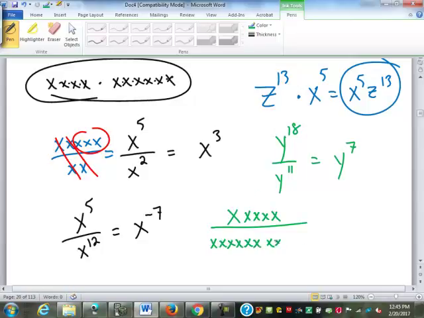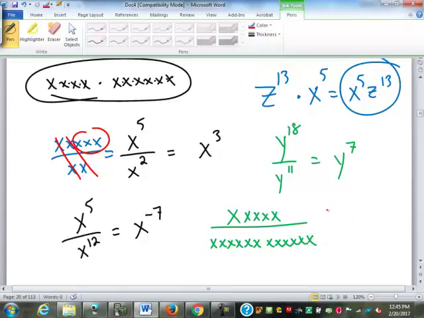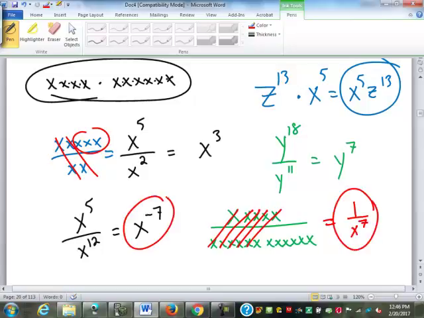X to the 12th is 12 x's multiplied together. We cancel out like that. Well, everything on top is canceled out, so that's just 1. On bottom, we have x to the 7th. 1 over x to the 7th and x to the negative 7th are equivalent.